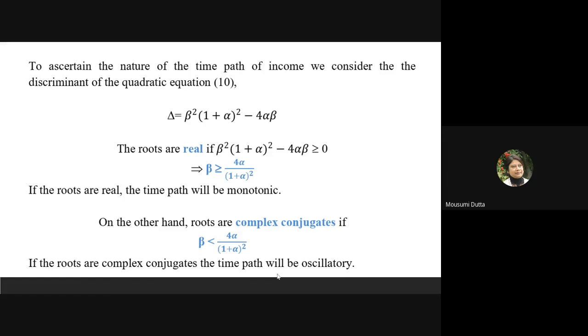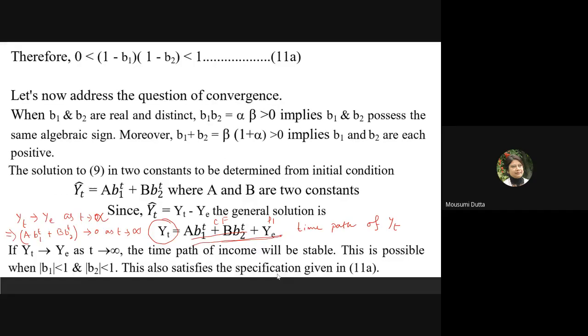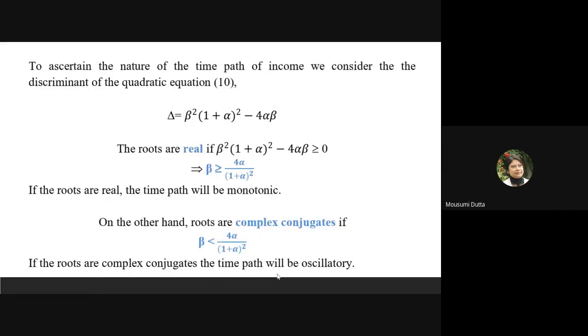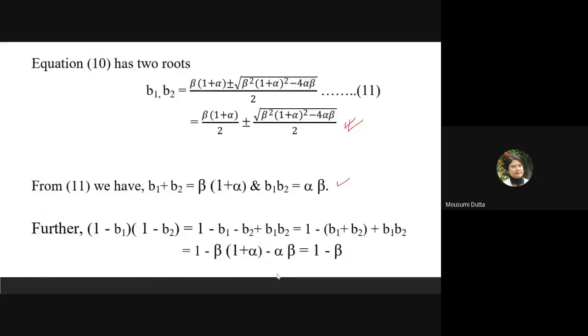To ascertain the nature of the time path of income, we consider the discriminant of the quadratic equation 10.